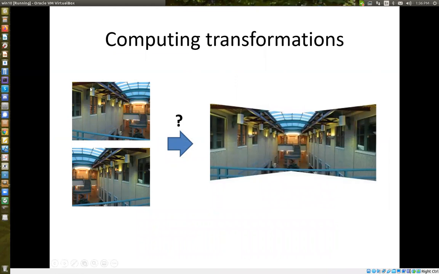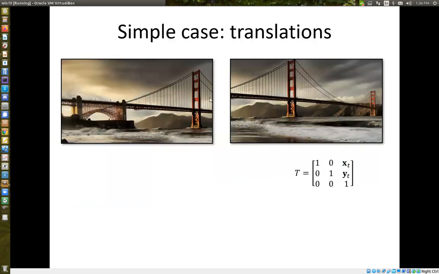This is one example we illustrated in the past. If I want to do image stitching, I have this image, I find the homography that projects this image into this one, and then project this image into this one, and then I can stitch them together. Here is another, simple case where two images only involve a translation.